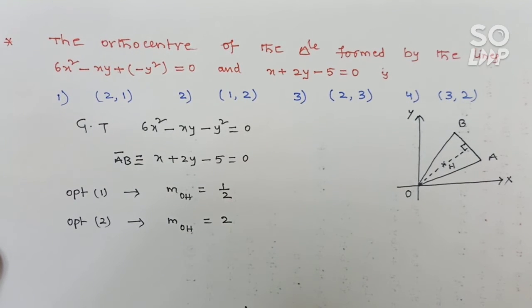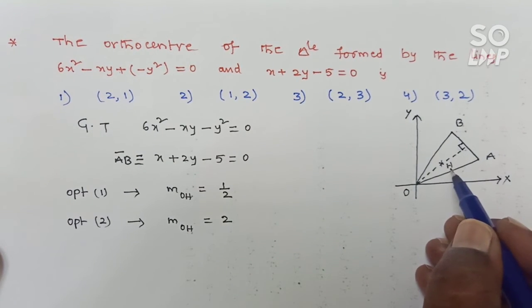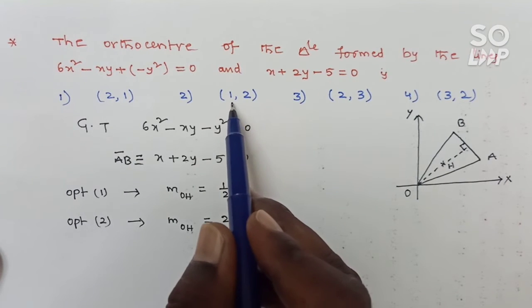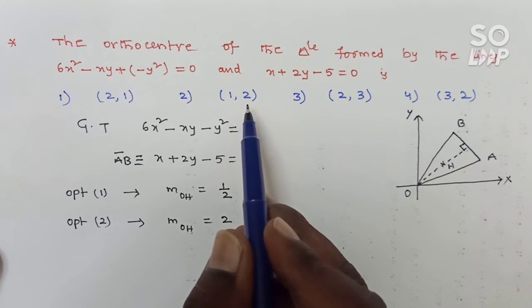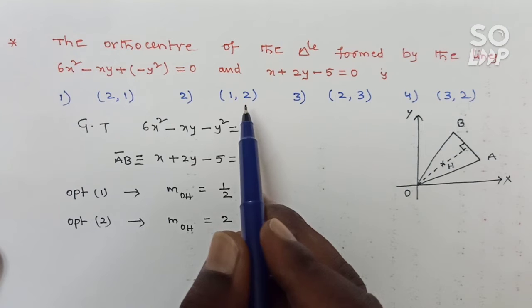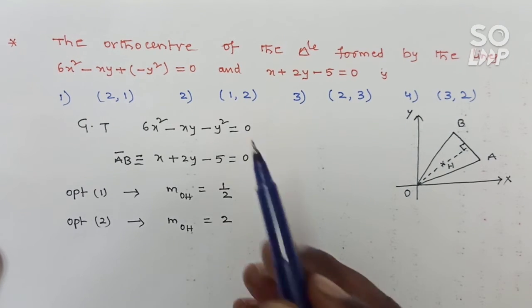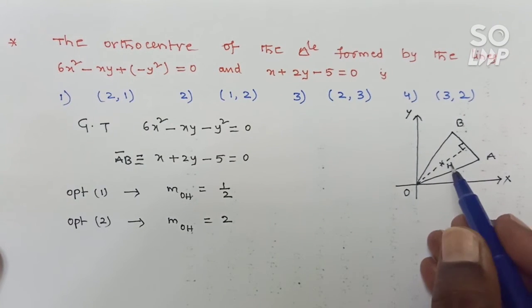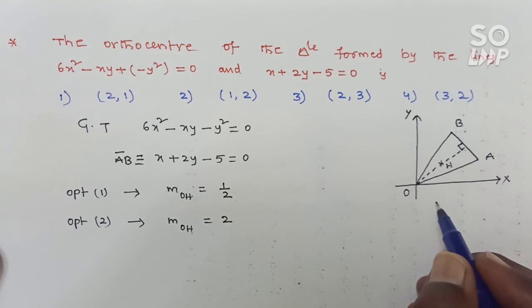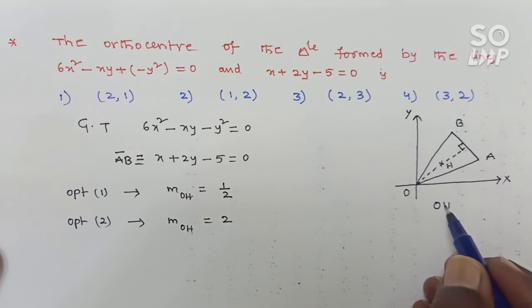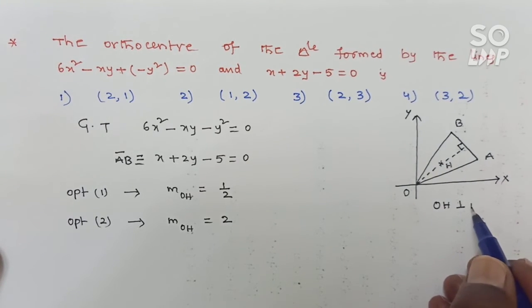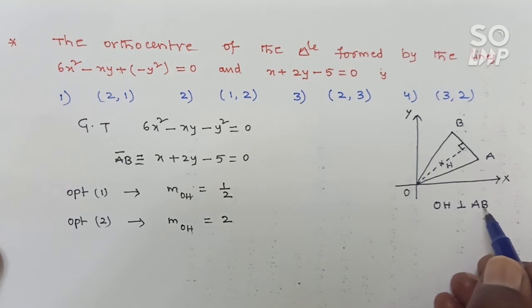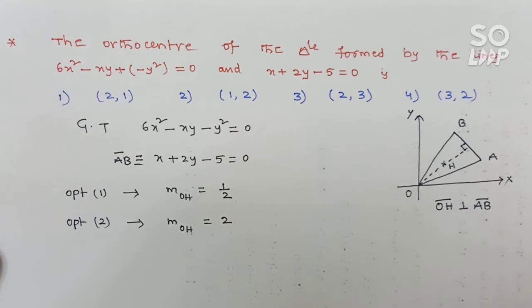Clearly the product is equal to −1. That means the orthocenter will be (1, 2). This one satisfies the orthocenter condition. If H is the orthocenter, the condition is that OH is perpendicular to AB. This is the fundamental rule.